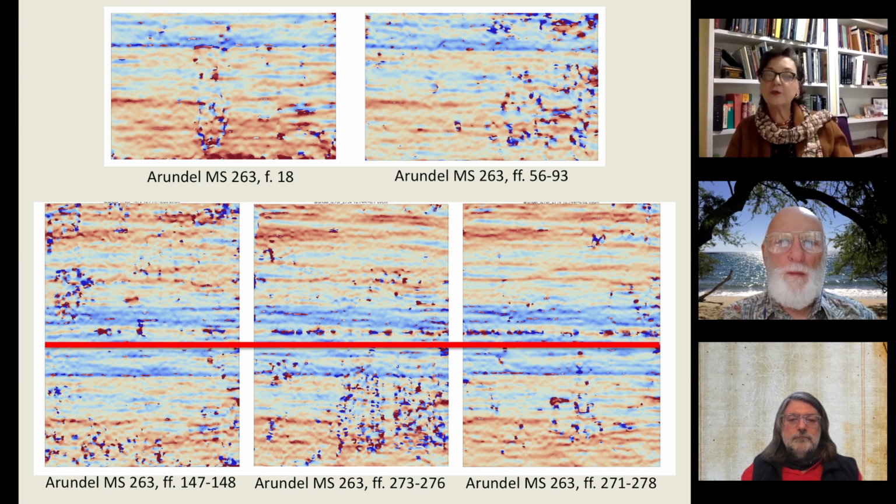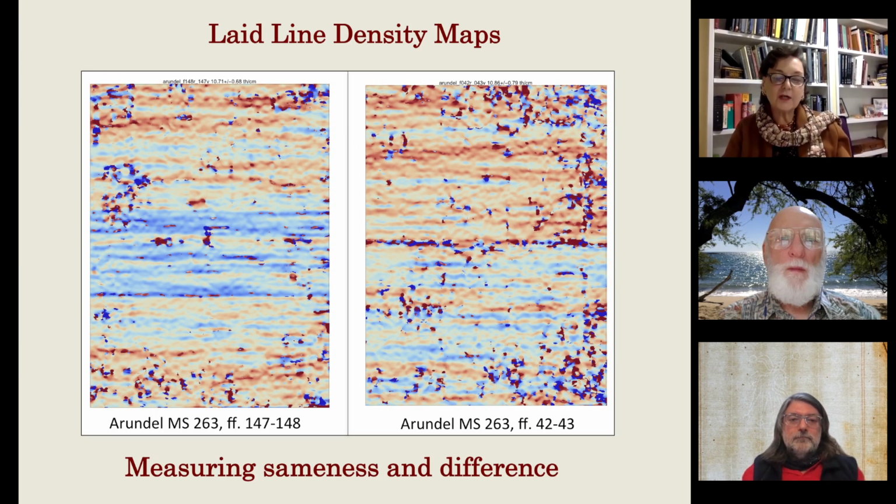Furthermore, the maps of those 2 half sheets correspond very closely to the lower half of the laid line density maps of the 3 other Shears moldmates that we were able to confirm using watermark marker. The stark difference between laid line density maps of papers made from 2 different molds can be seen here. And the one on the right is that outlier, the Shears watermark having that orange line that didn't correspond at all.